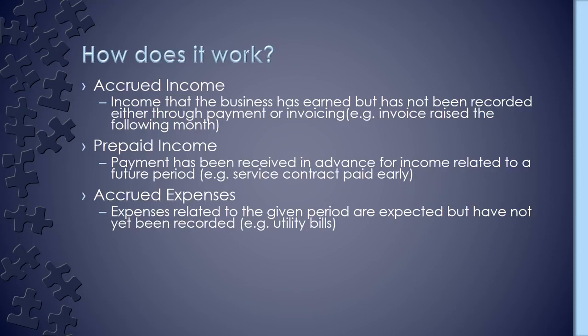Then you have accrued expenses, and these are expenses that are related to the given period, but they haven't yet been recorded. That means you've either not received an invoice from your supplier, or you haven't paid out any money, so there hasn't been any record in the accounts of these expenses. The classic example here being utility bills.